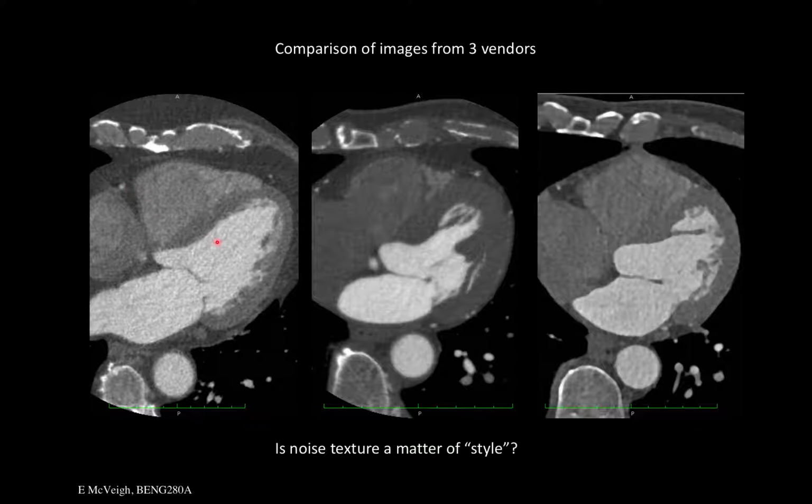Ideally, all three images produce Hounsfield numbers that are accurate, and most of the time they don't drift away from that. Every vendor will say, if you put water in here, I'm going to give you a Hounsfield number of 0. If you put air in here, you get minus 1,000. If you put contrast at a specific concentration, you will get the Hounsfield unit for that. And most of the time that's true.